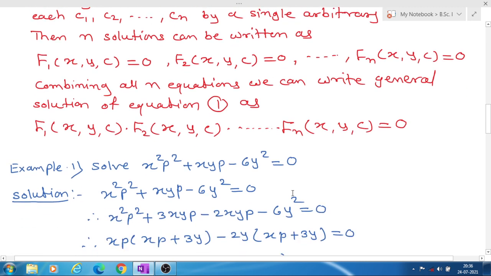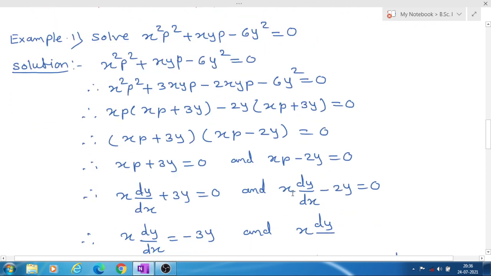So now we see an example. Solve x square p square plus xyp minus 6y square is equal to 0. In this example we have already been given the equation in the form of p.